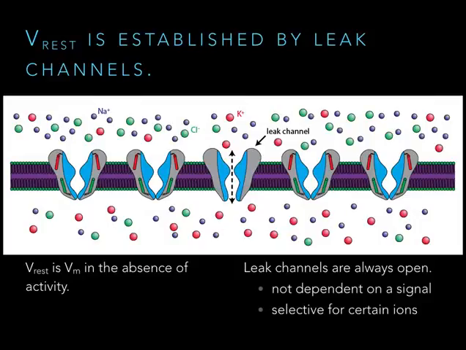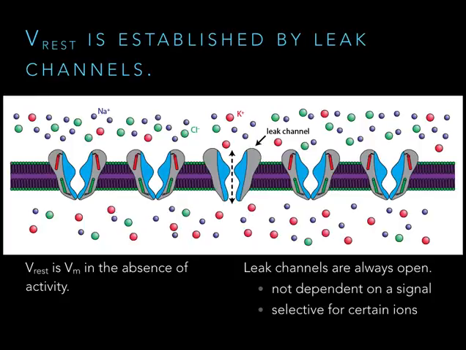This is going to be established by leak channels. By definition, a resting neuron isn't doing anything, so the ion channels that are open here are always open. They don't need any stimulus to open, so they're what we call leak channels because they're leaky. There's always this leak of ions through them.